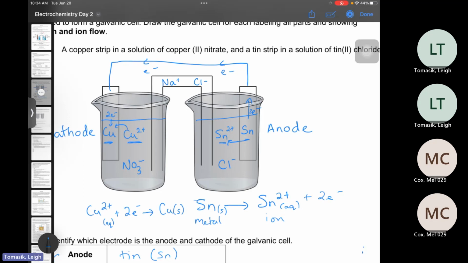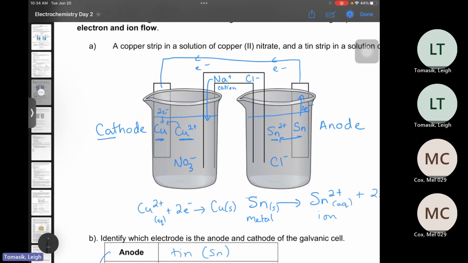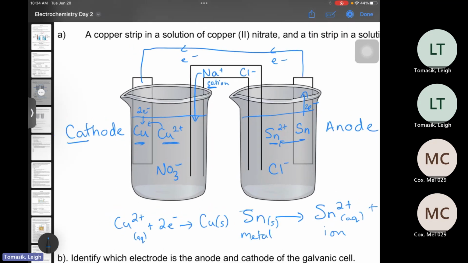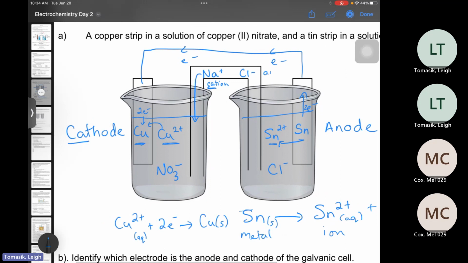Okay, the cation or positive ion will go to the cathode, right? This and this start with the same letter for a reason, okay? And the anion or negative ion will go to the anode, right?